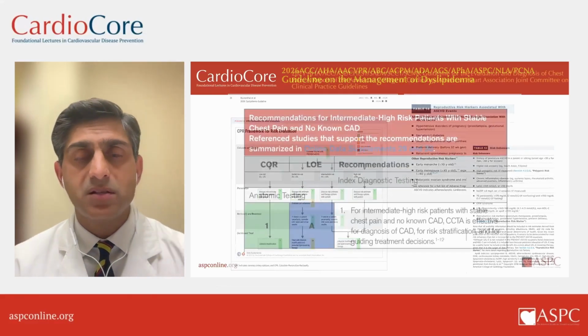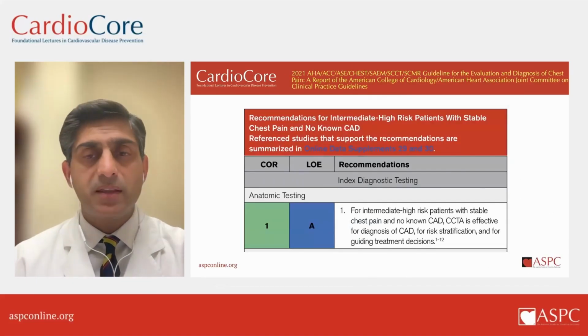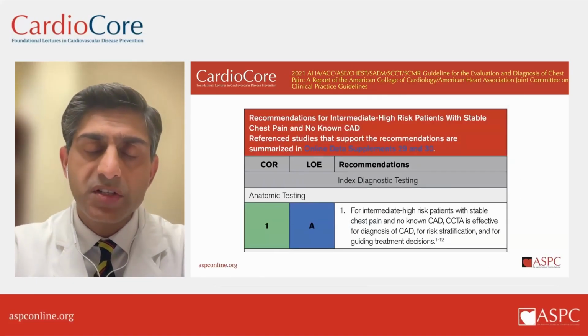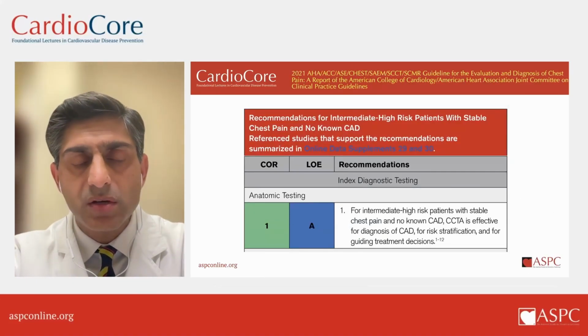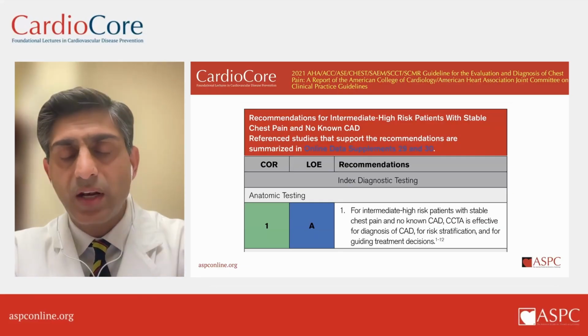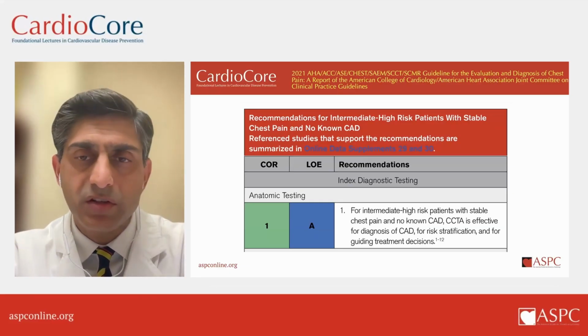And the reason I think this is so interesting is because I think CTA or coronary CTA really has taken progress in leaps and bounds, especially in the last 3 to 4 years.